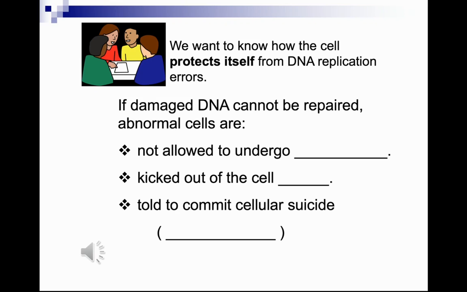If damaged DNA cannot be repaired, abnormal cells are kicked out of the cell cycle. If damaged DNA cannot be repaired, abnormal cells are told to commit cellular suicide, to undergo apoptosis.